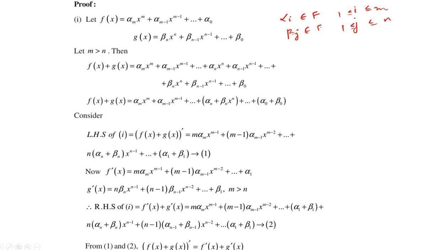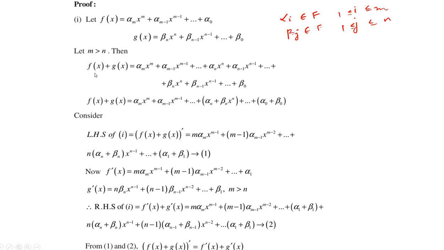So you have f of x and g of x. Now given two numbers, by the law of trichotomy, either m equals n, or m is greater than n, or n is greater than m. Here we have considered m to be greater than n.